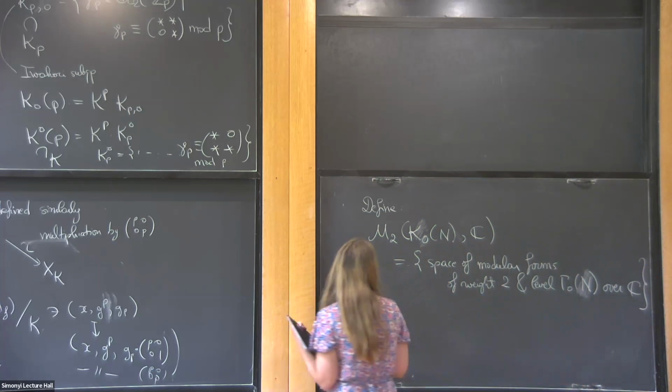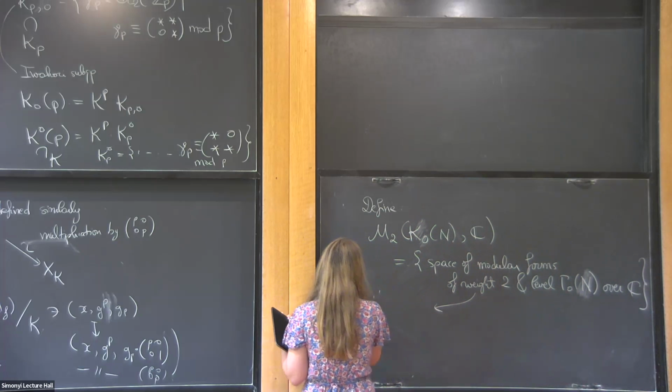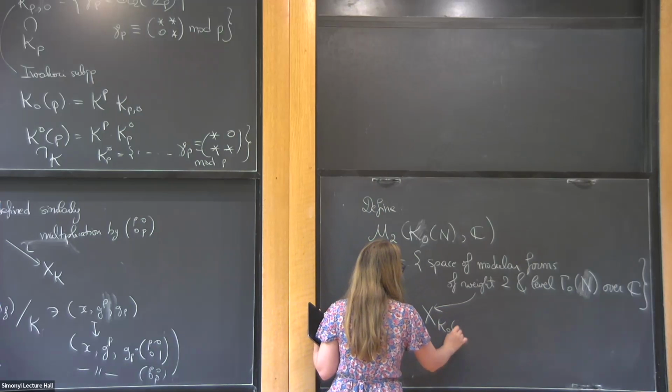And so what does this mean? This means that F is a holomorphic function on our X K naught n.